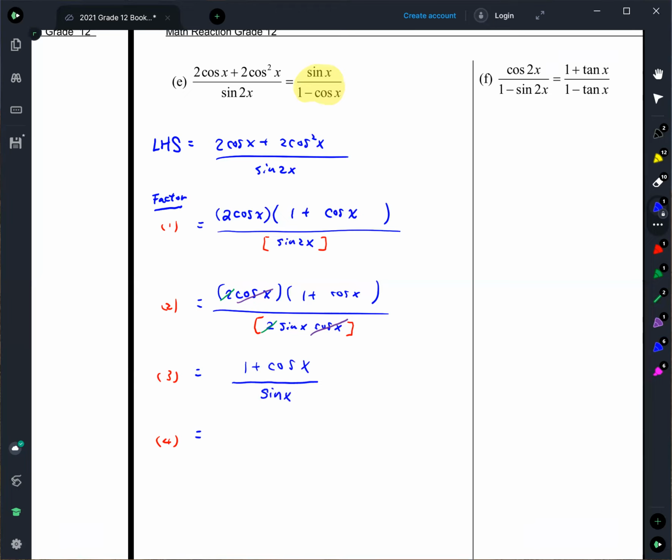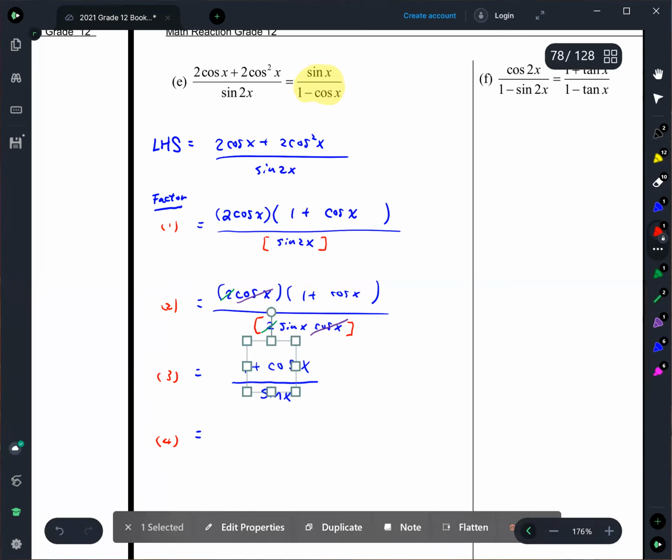We are getting much closer now. Compared to the right-hand side, ours is upside down and has 1 plus instead of 1 minus. It's 90% the same now.